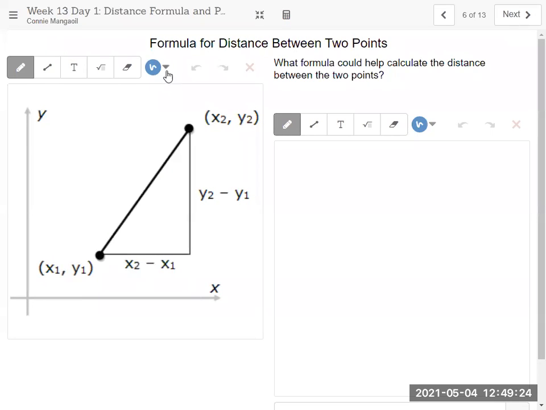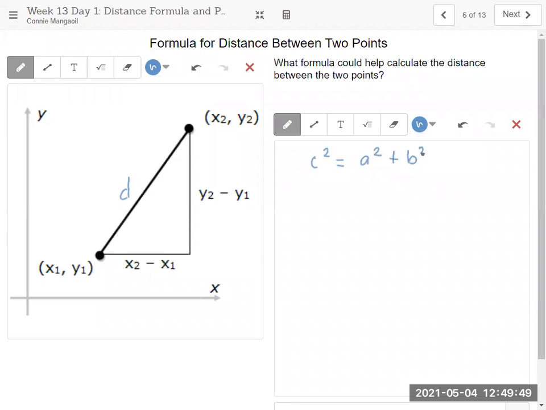Now let's call the distance between the 2 points d, d for distance. Okay, so the hypotenuse for this right triangle is d. Our Pythagorean theorem, okay, is c squared is equal to a squared plus b squared.